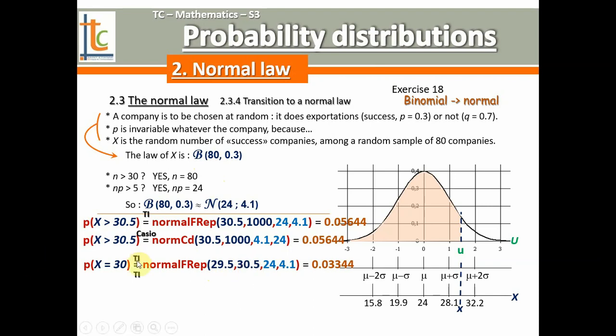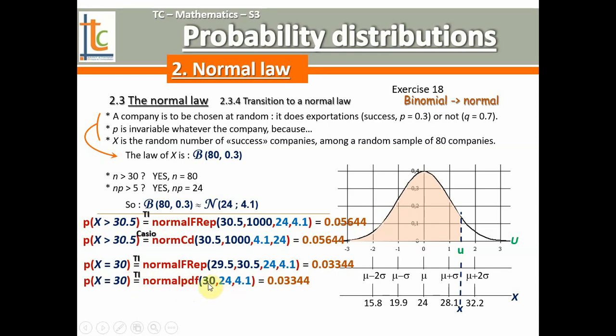But there is another tool on your calculator that could help you calculate this probability more directly if you target the value 30. You just have to choose normal PDF instead of normal FRep, or FDP, it depends on the Texas; FDP or PDF is the same.